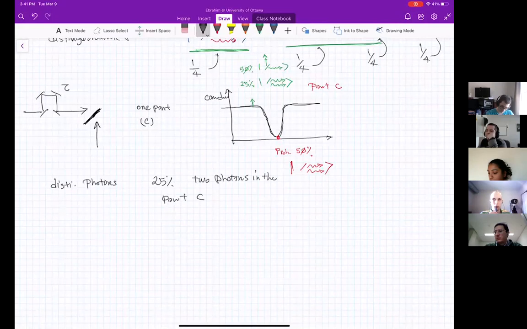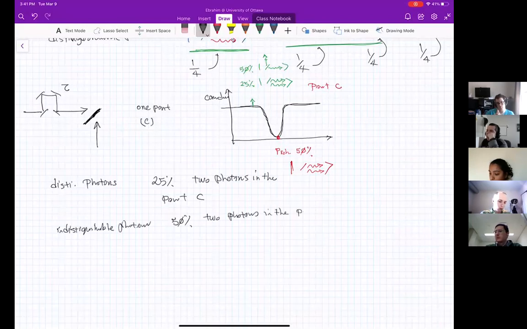When they are indistinguishable, that increased to 50% of the time, 2 photons in port C. Clear?